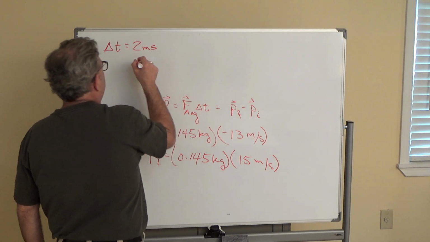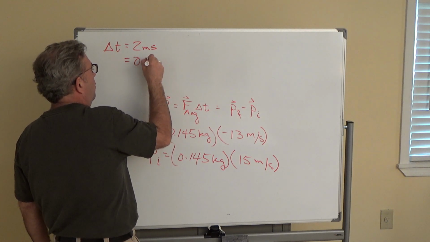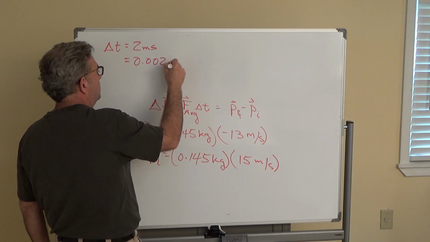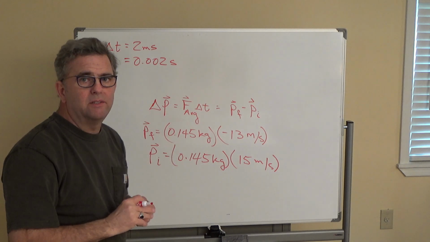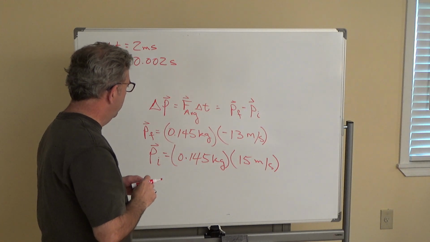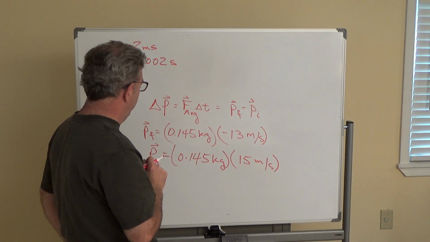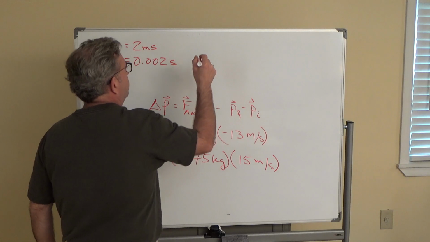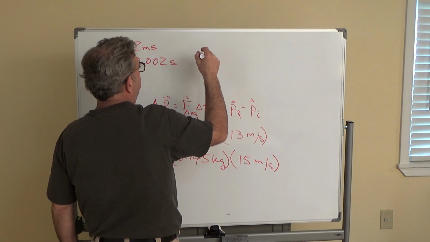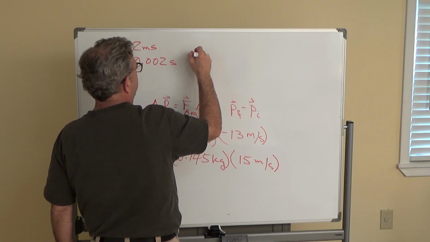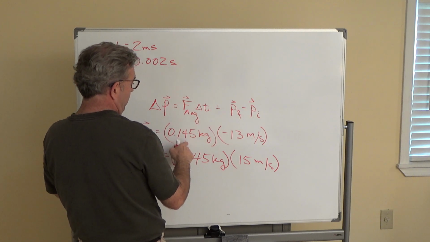So this is equal to 0.002 seconds. That's 2 milliseconds. So I'm going to do this calculation. Delta P, that's the impulse. That is P final minus P initial.